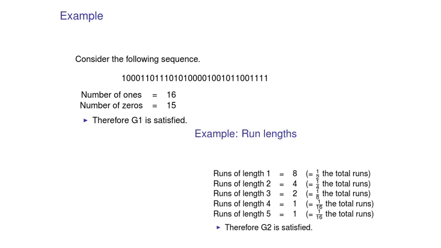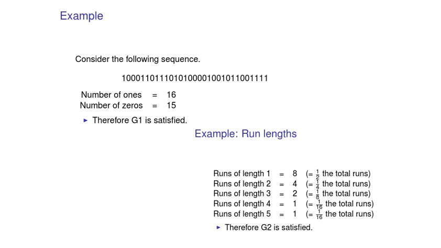So length 1 runs are 8 length ones run. Here 1 and 2, 3, 4, 5, 6, 7, 8. So 8 length 1 runs like that. And length 2 runs 1, 2, 3, 4.